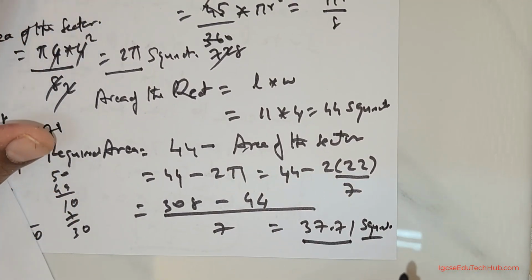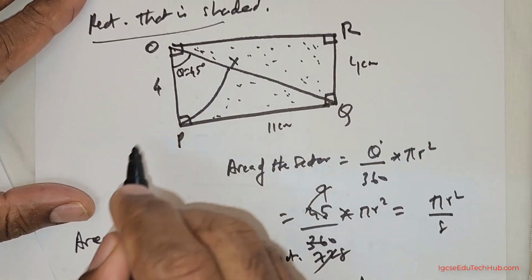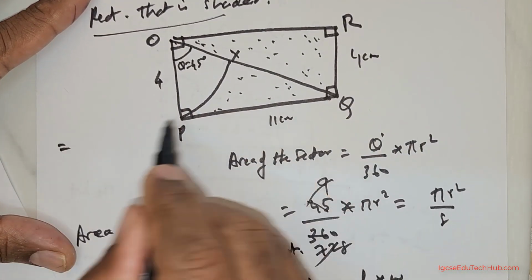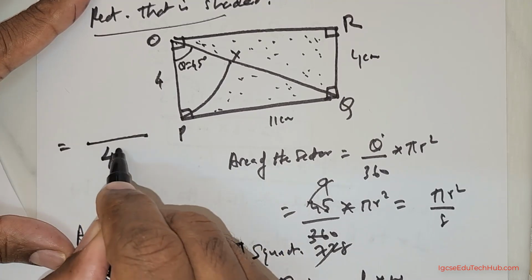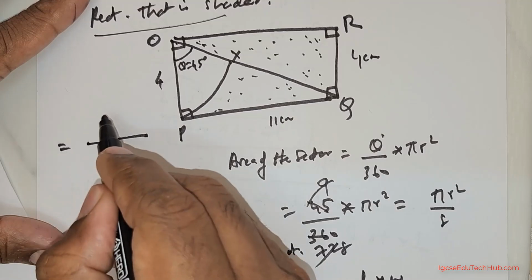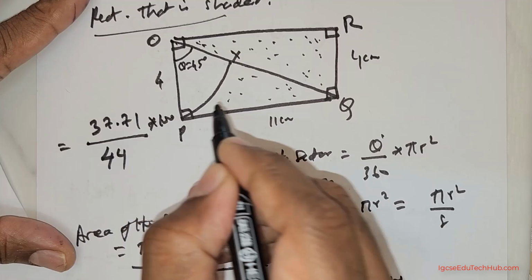But we need to get the percentage. So what is the total area of the rectangle? Total area of the rectangle is 44 square units, and this area is 37.71. So you need to get it for 100%.